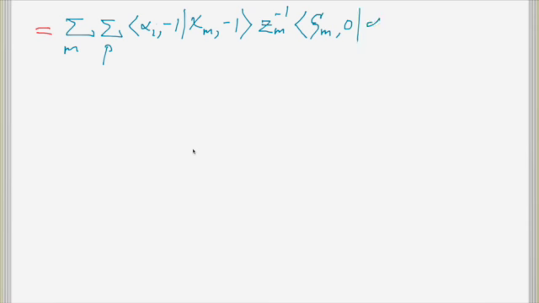Here's my new set of complete states, alpha P at 0, alpha P at 0, G, alpha J at 0. Now the thing on the right is the surface Green function.